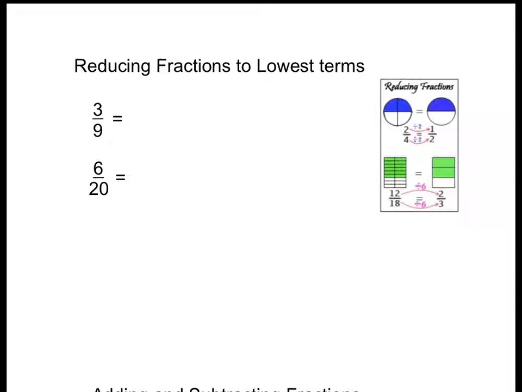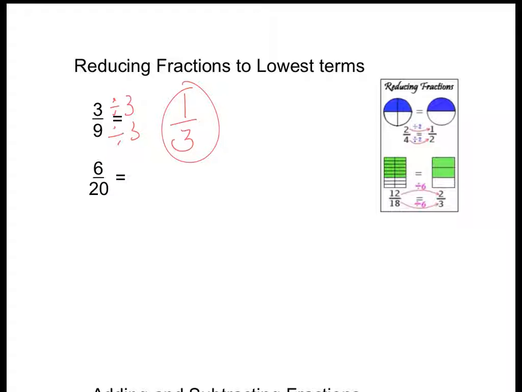And in this case, yes. I know that 3 goes into 3, and 3 also goes into 9. So to reduce to lowest terms, I divide the numerator by 3 and the denominator by 3. So 3 divided by 3 is 1, and 9 divided by 3 is 3. So 3/9 in lowest terms is 1/3.